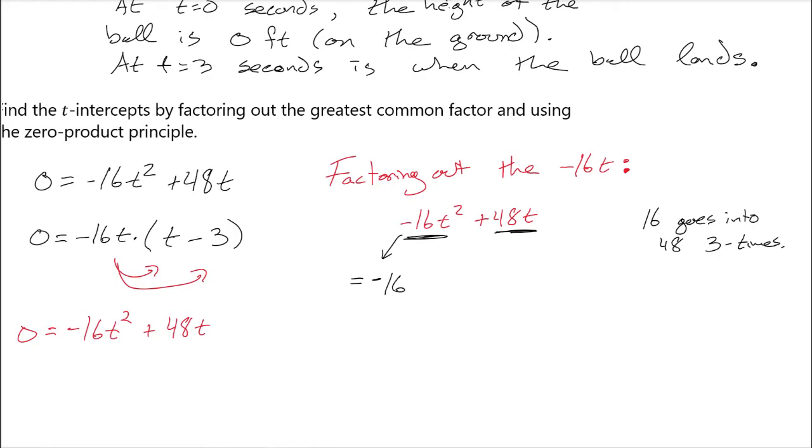I also want to note that there is a t in both terms. So I can pull one of those out also. That's what we call this, pull out a t as well.